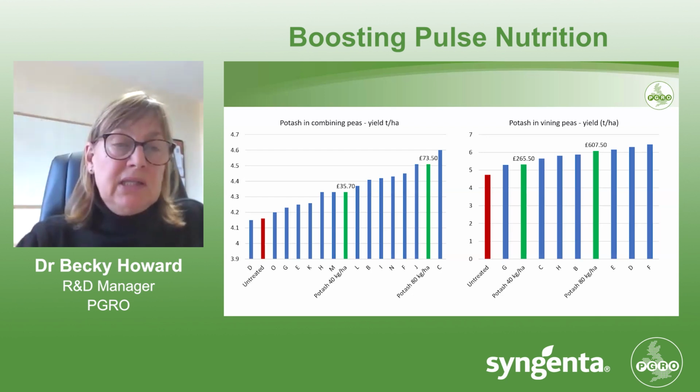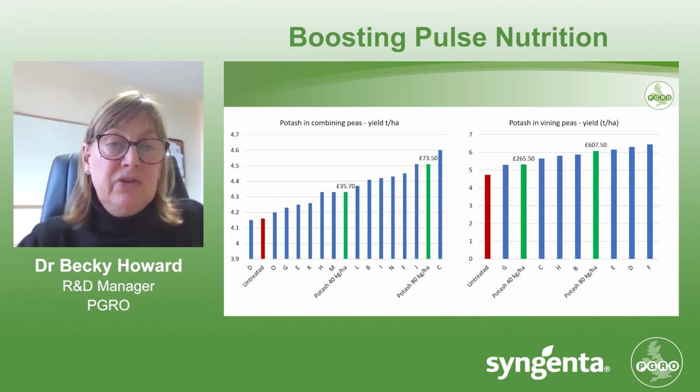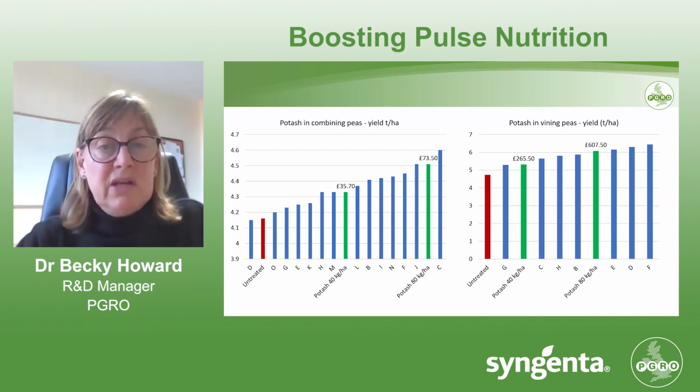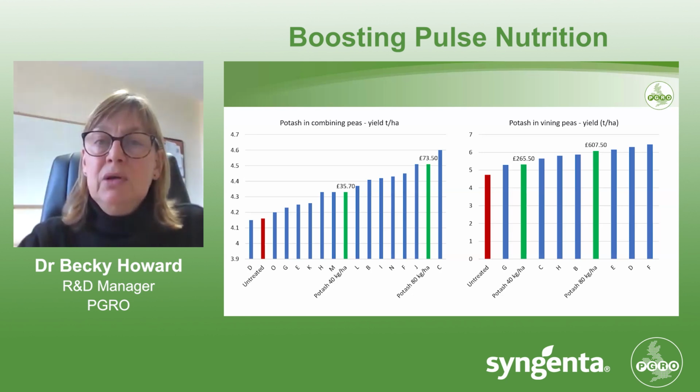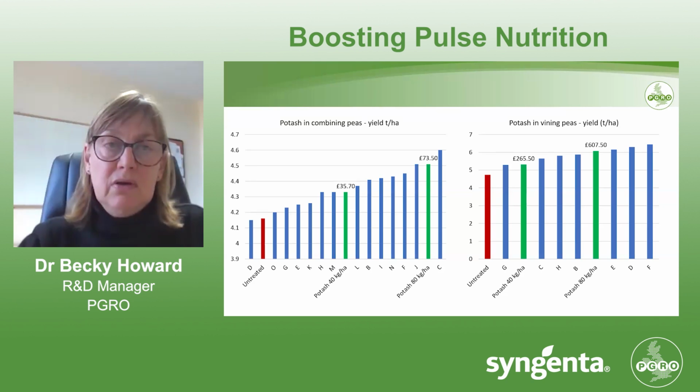And in combining peas, that is giving us an advantage of between 35 and 75 pounds a hectare, which is reasonably significant. And when we look at vining peas, the higher value crop, even though we're looking at a reasonably low yield impact here, it has a significant effect on the economic return.